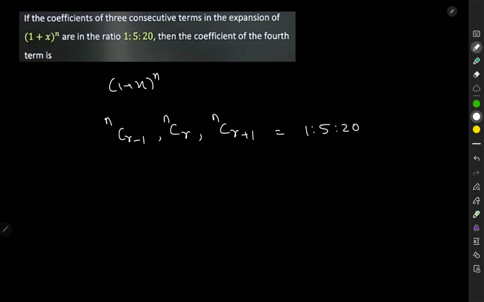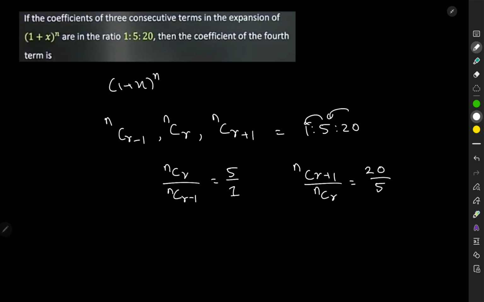So if we have 3 terms, I should take nCr by nC r minus 1 is equal to 5 by 1, and nC r plus 1 by nCr is equal to 20 by 5.